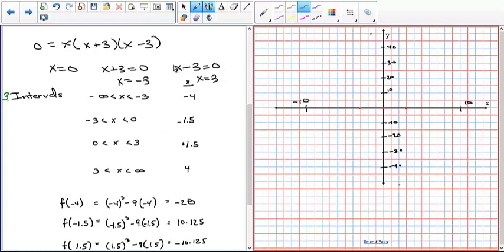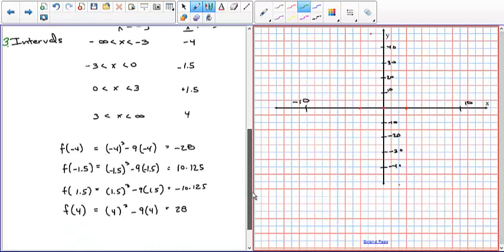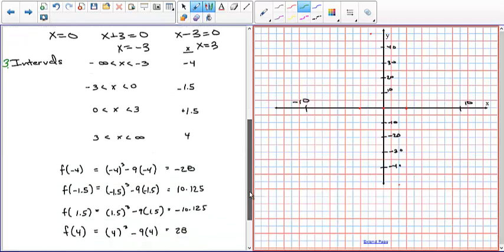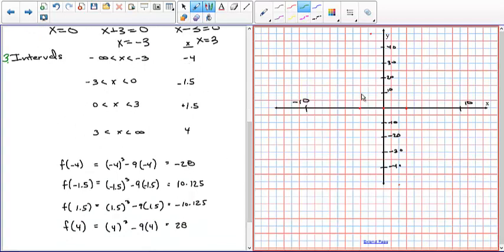Now let's plot. We'll use the end behavior once we've plotted a few things. Our zeros were x equals 0, so you can see the red dot there, x equals negative 3, and x equals positive 3. Now we take these additional points: negative 4, negative 28. So 1, 2, 3, 4, that's negative 4. Negative 28 would be, here's 30, here's 20, so 28 is about right there.